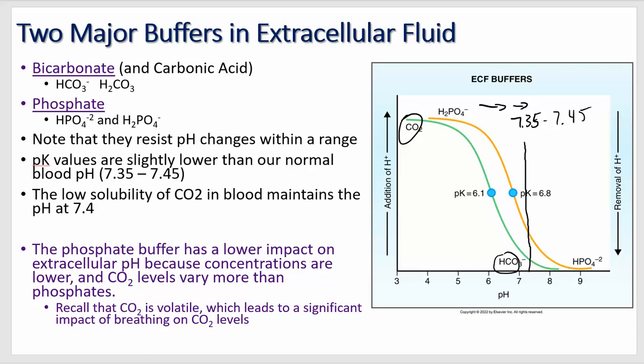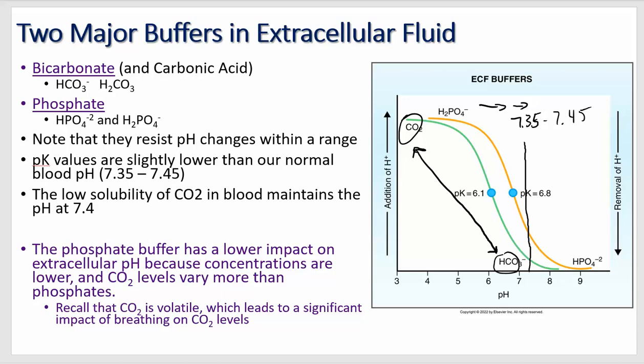Something about the phosphate buffer. The phosphate buffer has a lower impact on extracellular pH, because its concentration is lower, but also because carbon dioxide and bicarbonate levels vary so much and are so well controlled.